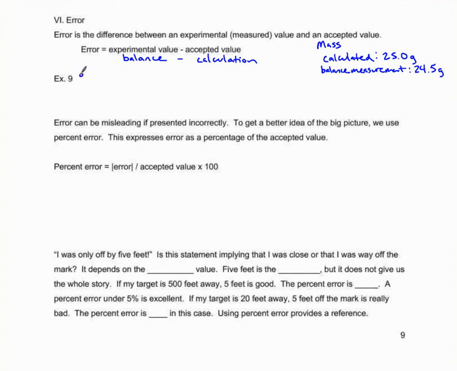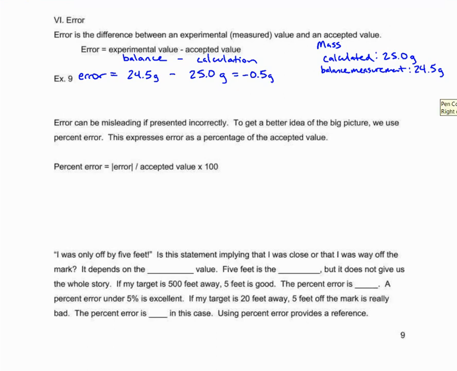So the error here is the experimental minus the accepted, or the number that I got from the balance, 24.5 grams, minus the number from the calculation, 25.0 grams. And so what we find is an error is negative 0.5 grams.